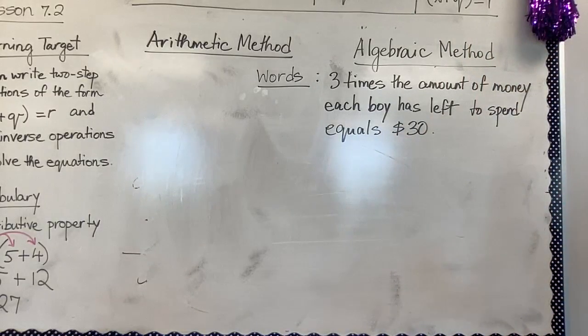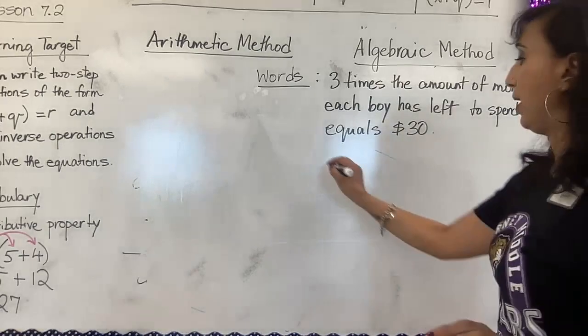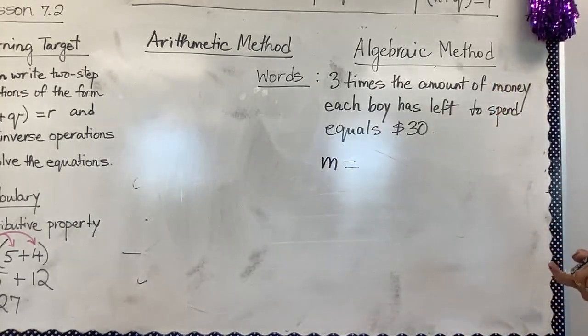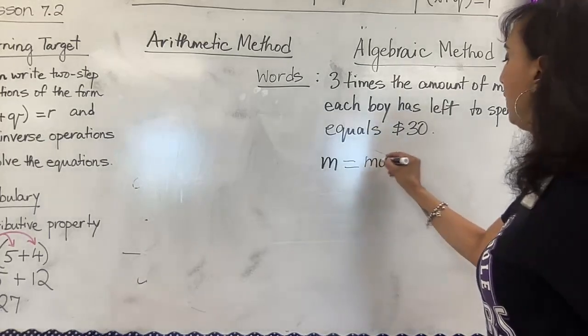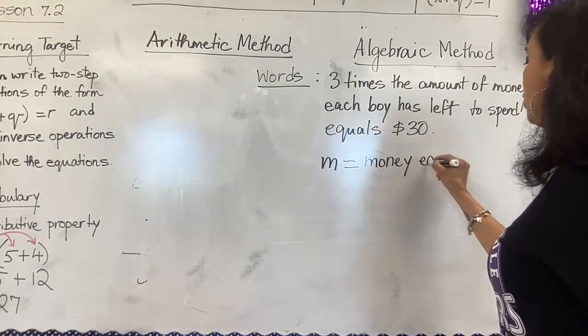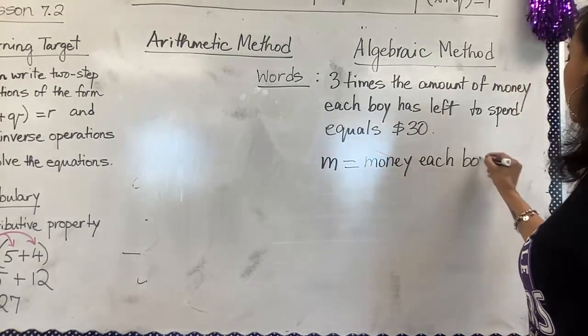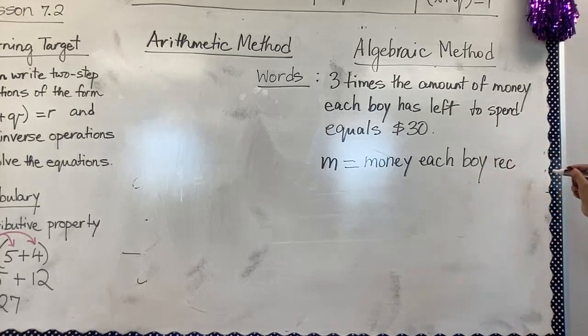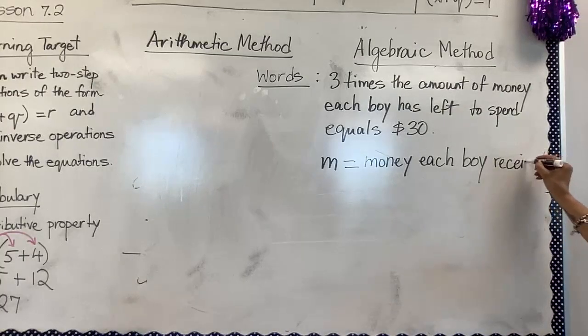If I am writing the variable, I am just going to write m. So m is representing the amount of money each boy received. So that is what m is going to stand for.